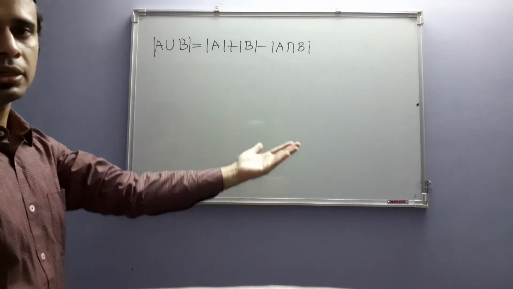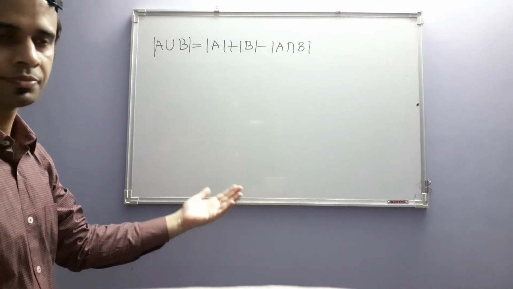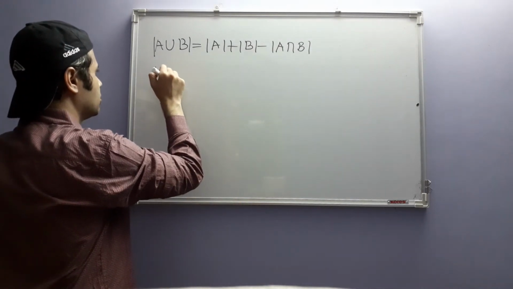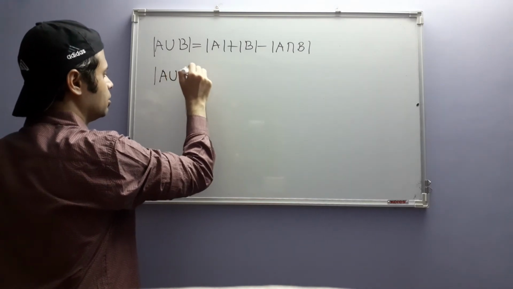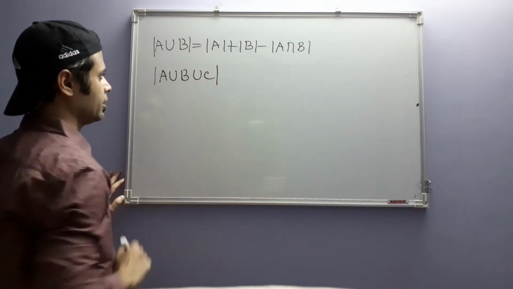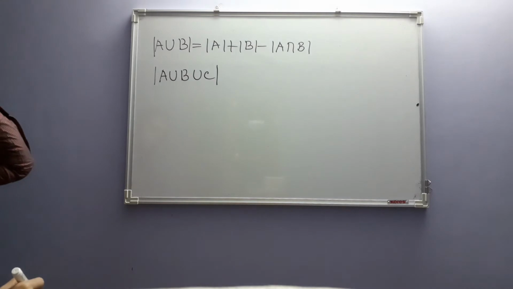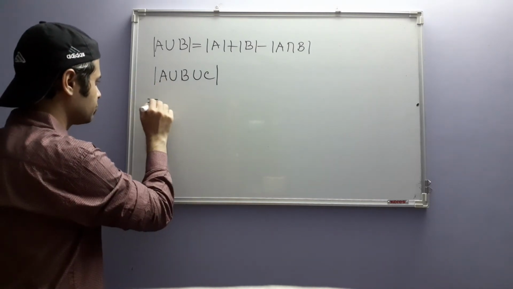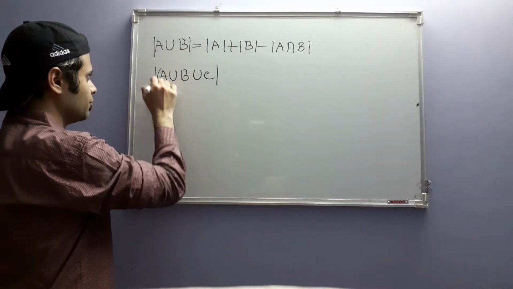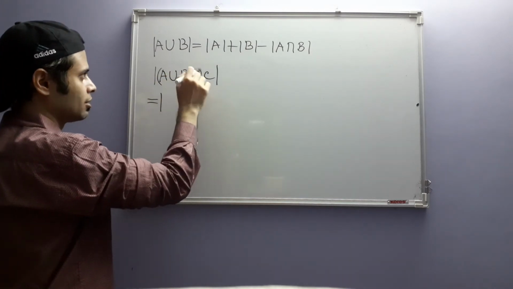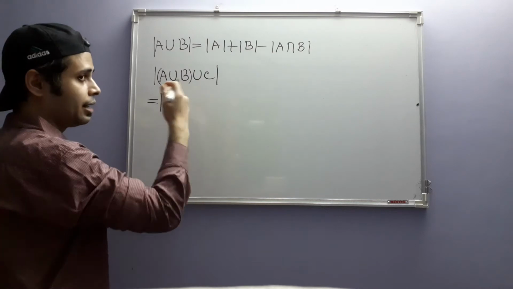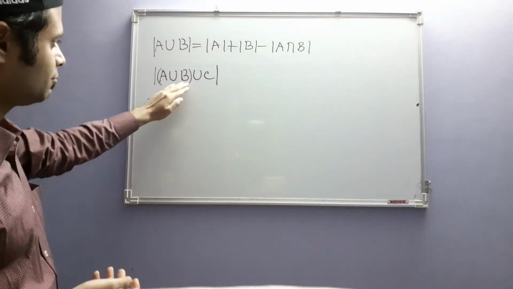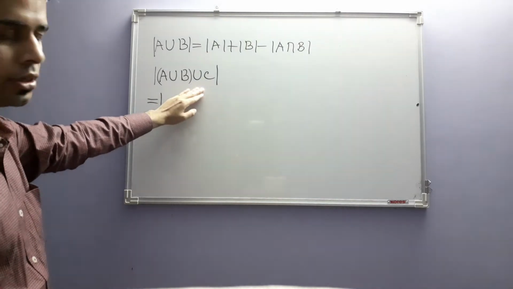This can be extended to three sets, and we write like this. Now, this union can be viewed in either of two ways: like this, or as the union of A and B union C. Both of them are equal because of associativity of union.